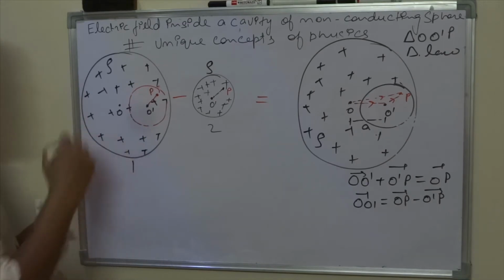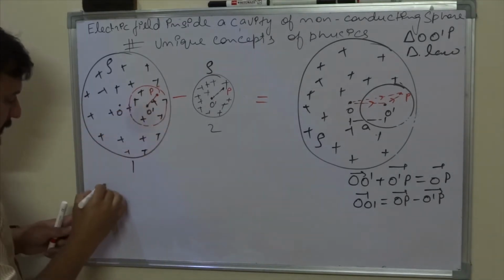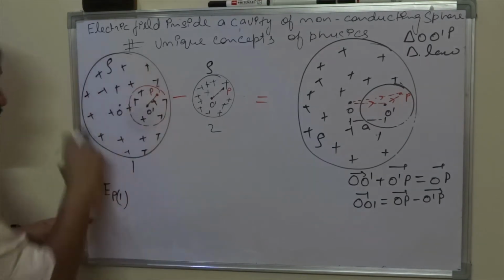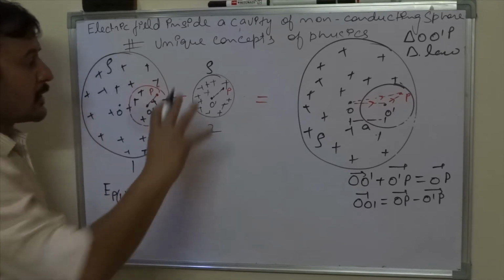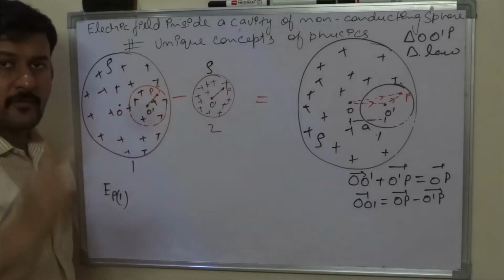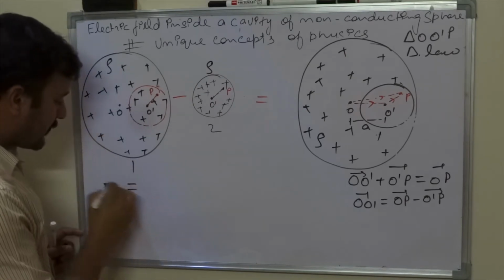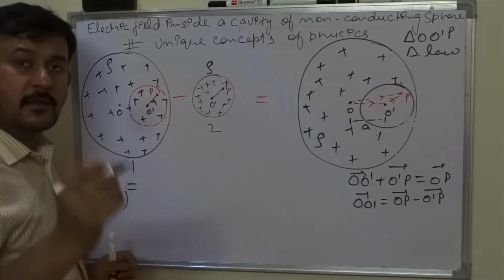Now if we wish to write the electric field at point P due to the first sphere, which was initially complete, no sphere was removed from the first sphere, the electric field will be, we all know the formula, rho r by 3 epsilon naught.